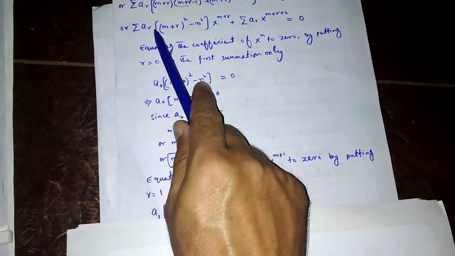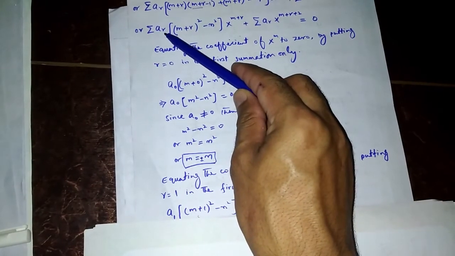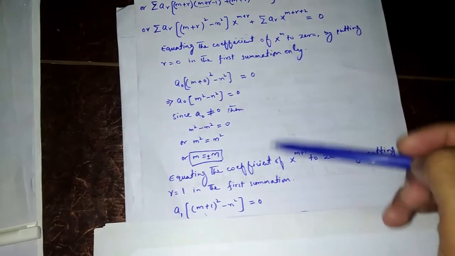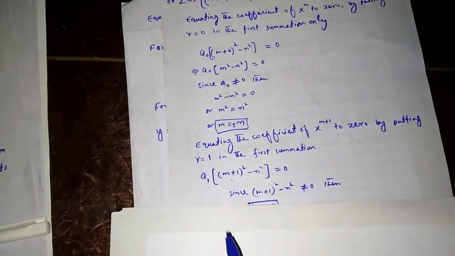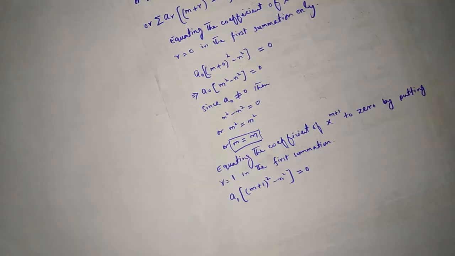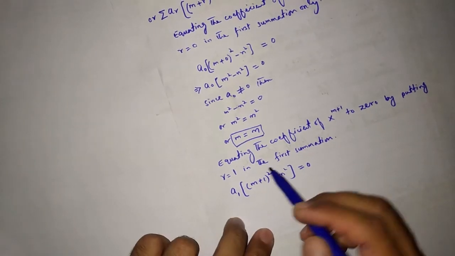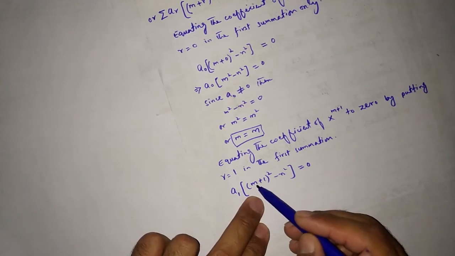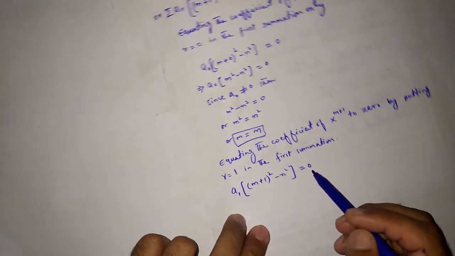If you substitute r is equal to 1, we will get here a1 into m plus 1 whole square minus n square. Clear? So this is equal to 0. Since m is equal to n, if you substitute m is equal to n, we will get n plus 1 whole square minus n square, which is not equal to 0.